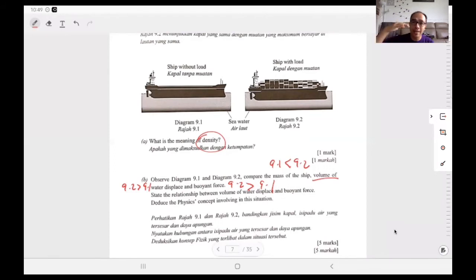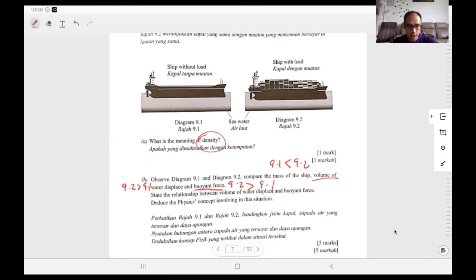That's why it is still able to stay afloat. So be very careful with this. I think a lot of people will get the buoyant force wrong. A lot of people are going to say 9.1 is bigger than 9.2, which is actually not true. 9.2 has a bigger buoyant force because it displaces more water. There's more of the ship in the water than 9.1.